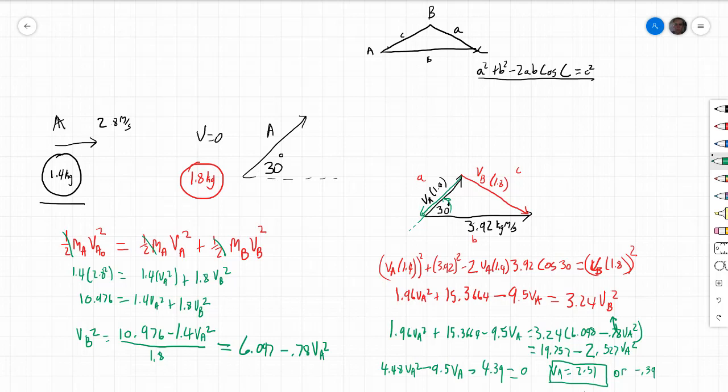I do have right here that VB squared is equal to 6.097 minus 0.78 VA squared. So I'll take my 2.51 squared, multiply it by 0.78, take 6.097 minus that, and square root that answer, and get 1.09. And so VB equals 1.09 meters per second.